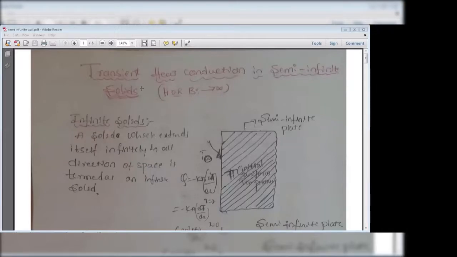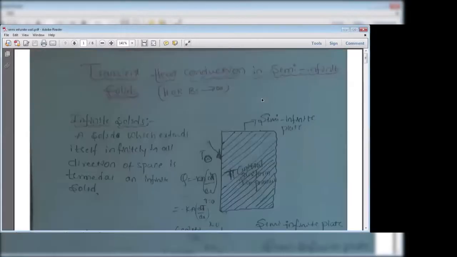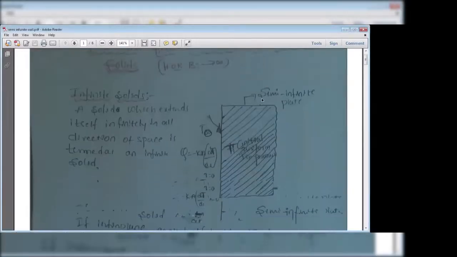Here is the infinite solid. I have taken everything according to the data handbook. What is the meaning of an infinite solid?